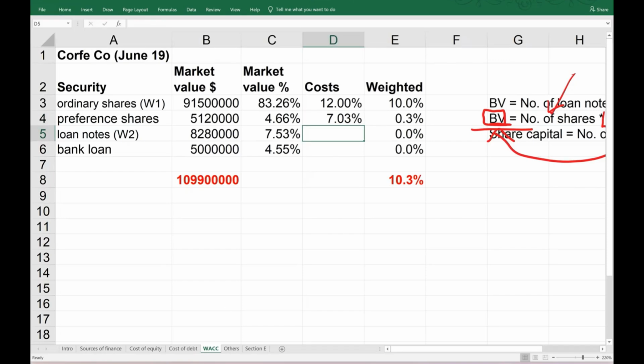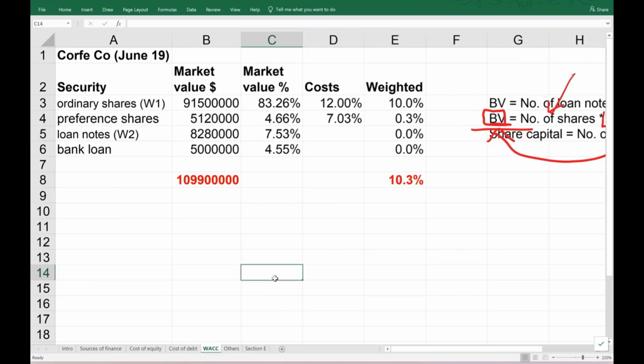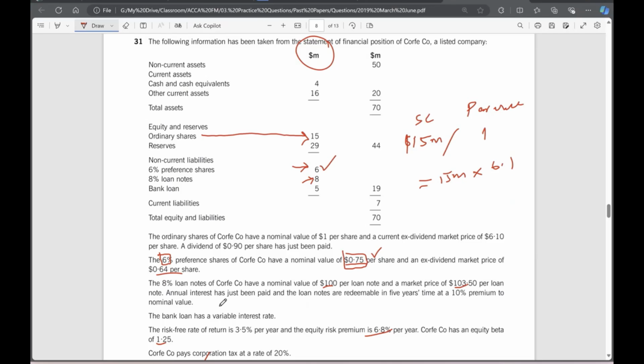Loan note. Look, yes, you give 6% dividend to preference shares, but 6% of what? We discussed the preference shares will receive the fixed dividend. Dividend is always based on par value.